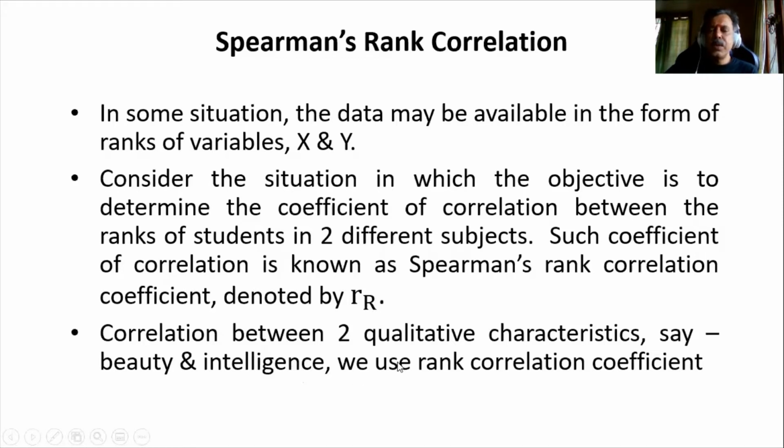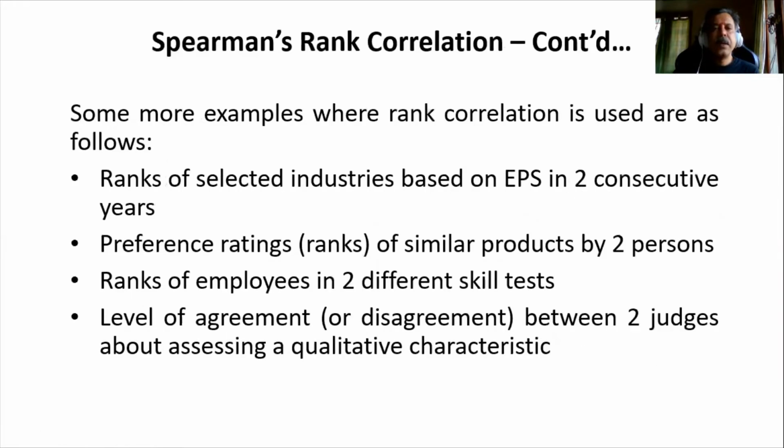Generally, this rank correlation methodology is used for qualitative characteristics. For example, if I want to compare beauty and intelligence, we use this rank correlation. Some more examples wherein rank correlation is used are ranks of selected industries based on earnings per share in two consecutive years, where I can assign ranks and then use rank correlation.